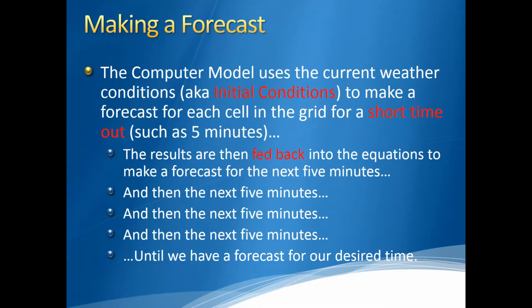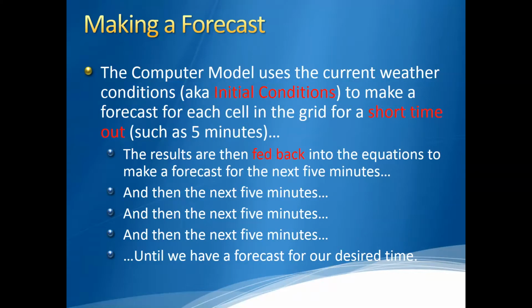So here's how these forecast models work. You take the current conditions, those initial current weather conditions that we collected, you throw them into the model, and then the model makes a forecast. And usually it makes it for a short time out, so it makes it for 5 minutes from now.